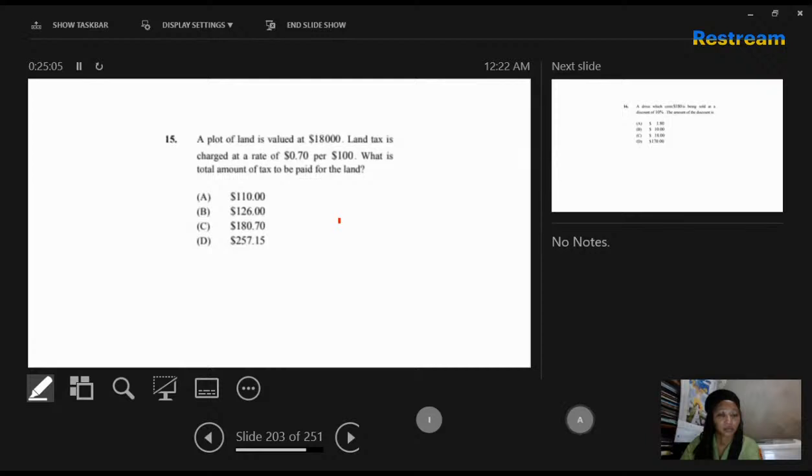So 70 cents is taxed for every $100. $100 would be 1,000 cents, so it's 70 cents over 1,000. We're just changing this to cents since the tax is in cents.